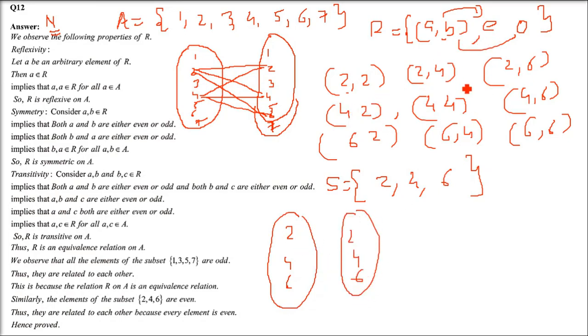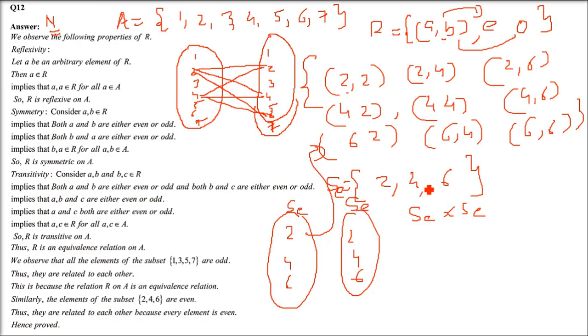So this set {2, 4, 6} can only be related with {2, 4, 6} as far as the relation is saying, and cannot be related with any other number or set. So if I take the Cartesian product of S_E cross S_E, that will be (2, 2), (2, 4), (2, 6), (4, 2), (4, 4), (4, 6), (6, 2), (6, 4), (6, 6). So I hope you got the idea of the even one.